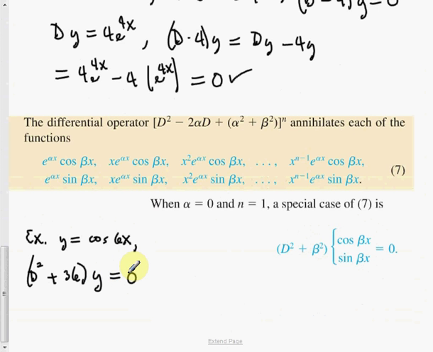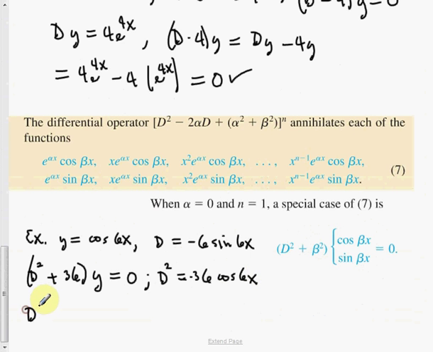Well, let's see if it does. Here, the first derivative is going to be negative 6 times sine 6x. Then d squared is negative 36 times cosine 6x.